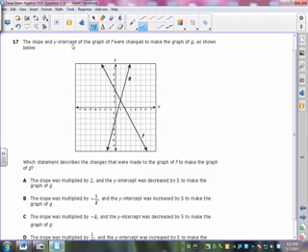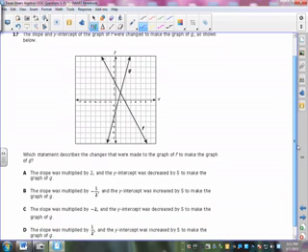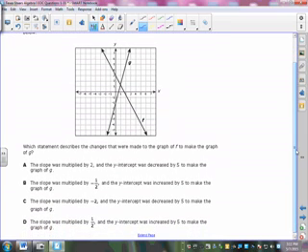The slope and y-intercept of the graph of f were changed to make the graph of g as shown below. Which statement describes the changes that were made to the graph of f to make the graph of g? First of all, let's get an equation for f. This is f. We can see that the y-intercept was 3.